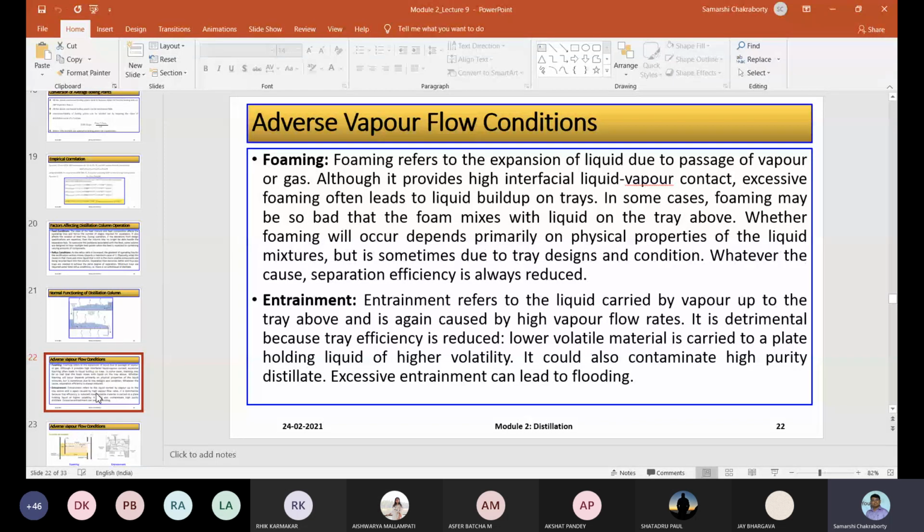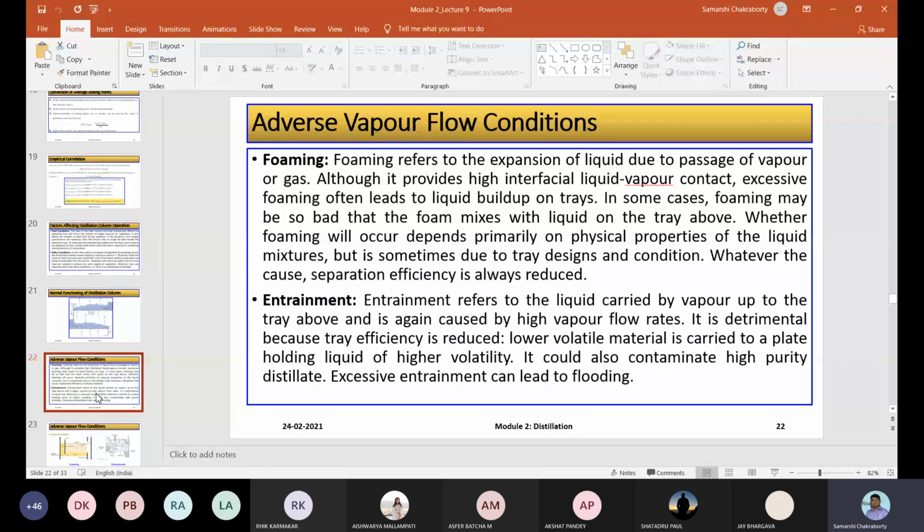So in that regard it is negative. In some cases foaming may be so bad that foam mixes with the liquid on the tray above. Whether foaming will occur primarily depends on the properties of the mixture, but sometimes due to tray design conditions, whatever the cause, the separation efficiency is always reduced if excessive foaming takes place.